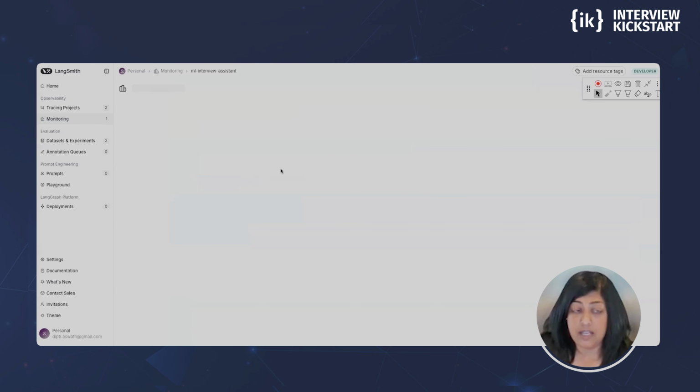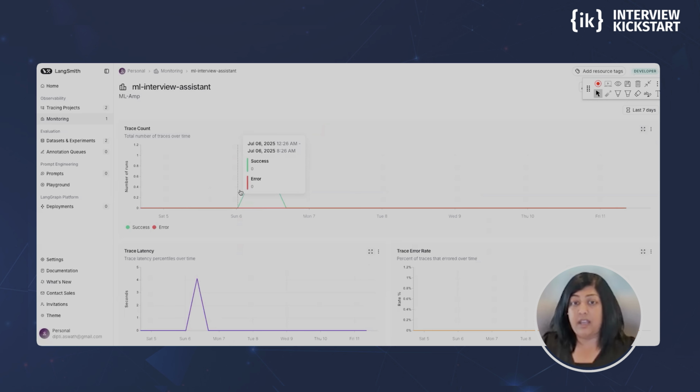It's very sparse at the moment, and this should be ready for the next iteration of ML AMP. All right, but the framework is there. So you'll see that production readiness has taken care of laying out the groundwork. It's just now iterating and improving on the initial delivery.